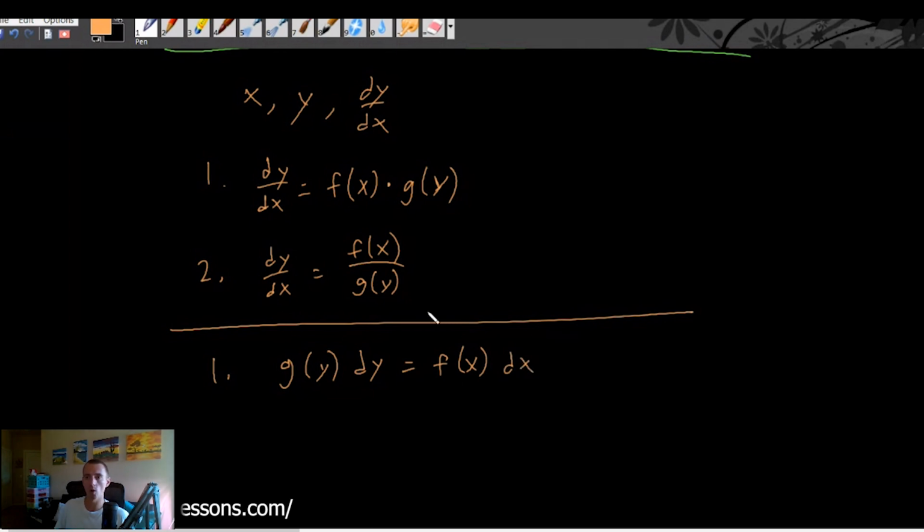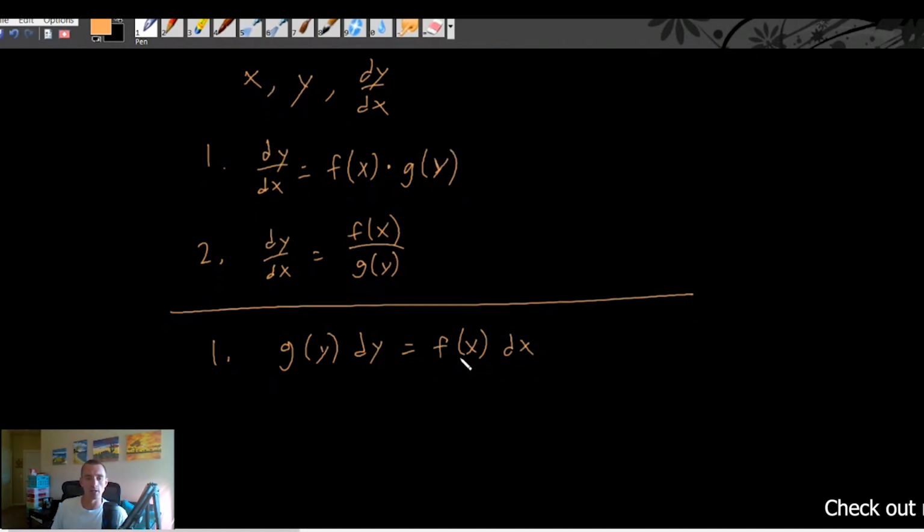So this is why it's called a separable differential equation, because we can separate the x's and the y's. We can separate the letters that represent our variable from the letter that represents our function. In this case, it's x and y, but like I said before, it could be x and t or whatever else. The actual letters don't really matter, but the idea is that we can separate them, okay?